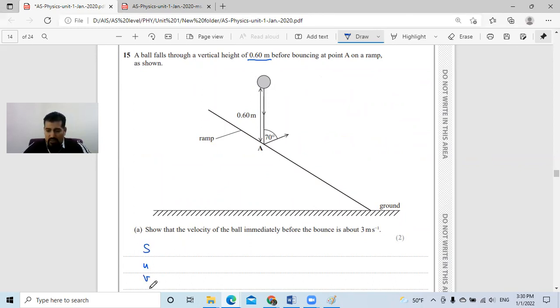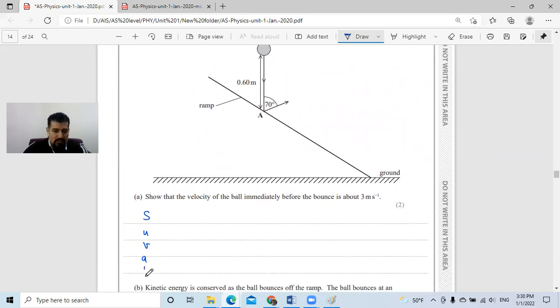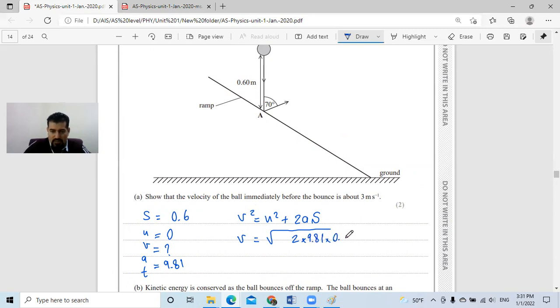Yes, thank you Hamza. Yes, we can use suvat. So the distance is 0.6 and u is 0. They ask about v and the acceleration is 9.81 since it falls vertically under gravity. So v squared equals u squared plus 2as, so v equals the square root of 2 times 9.81 multiplied by 0.6.